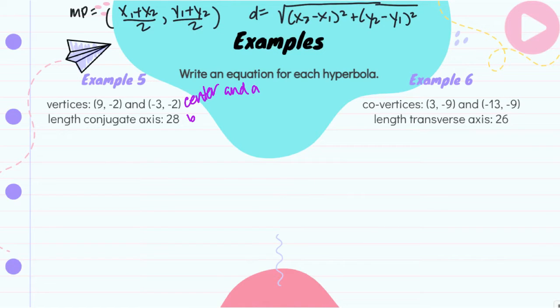So we'll need to use these two formulas in this process. So the first thing for example 5 is to find the center. So we need to find the center by finding the midpoint of the vertices.